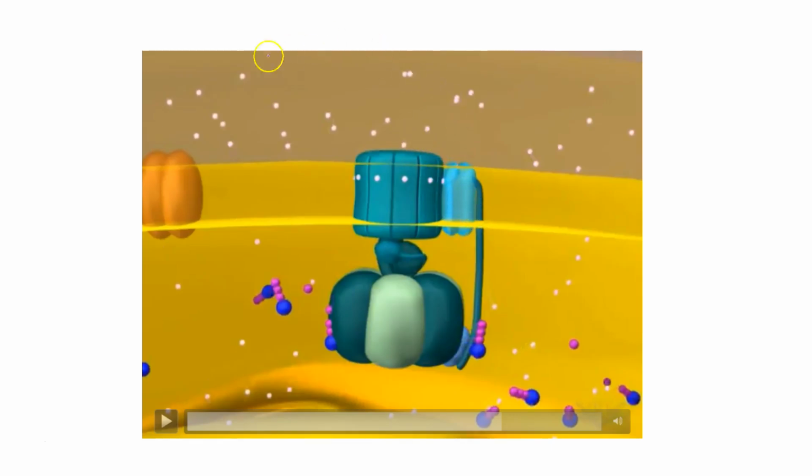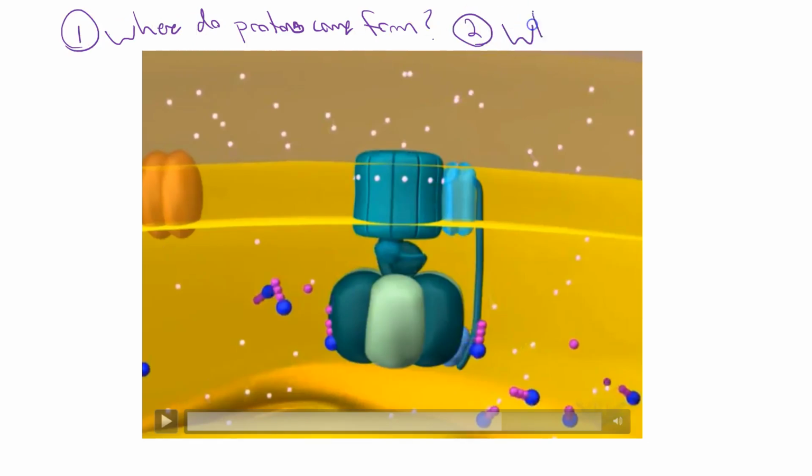The first is, where do the protons come from? And then the next question would be, what establishes the proton gradient? Okay, these are two important questions.